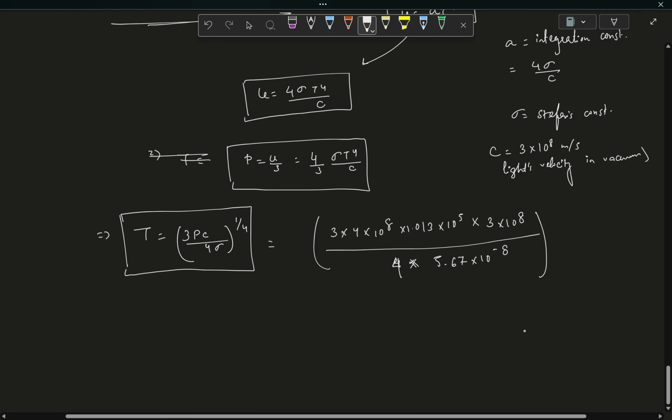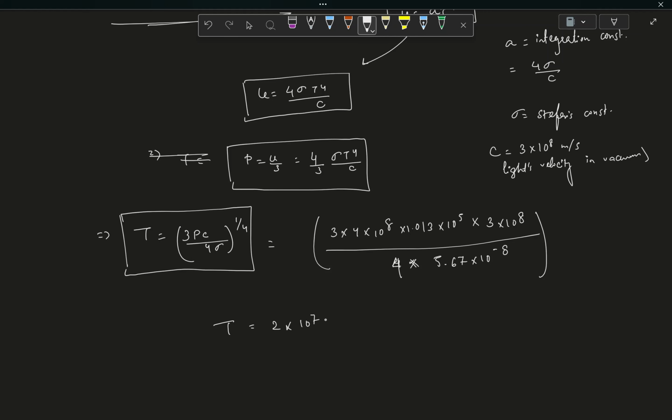We can combine this together and get the calculation done, that T equals 2 into 10 to the power of 7 Kelvin. You can see how huge the temperature is, 10 to the power 7 order.